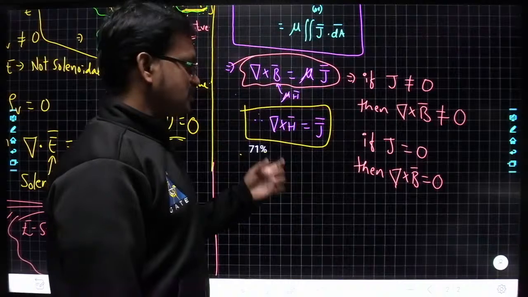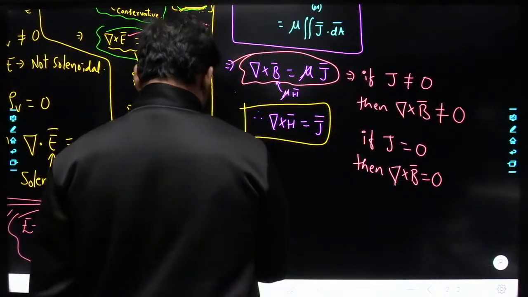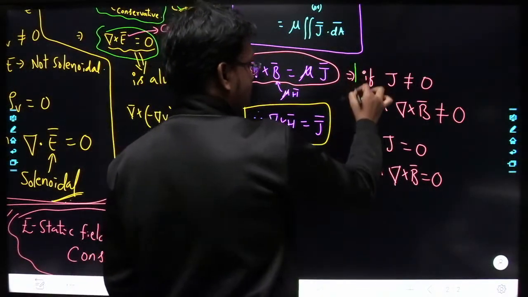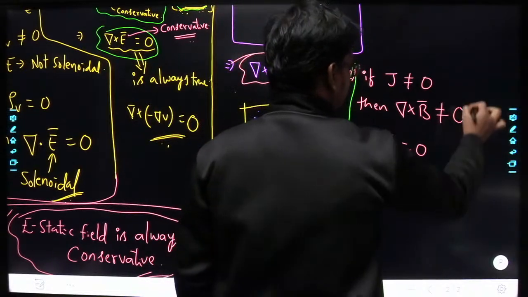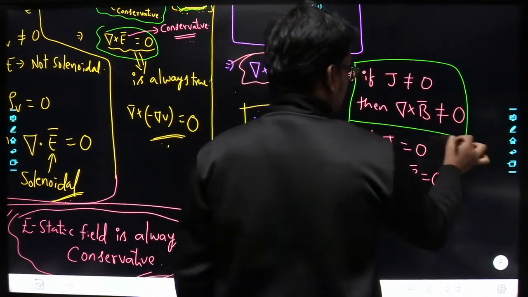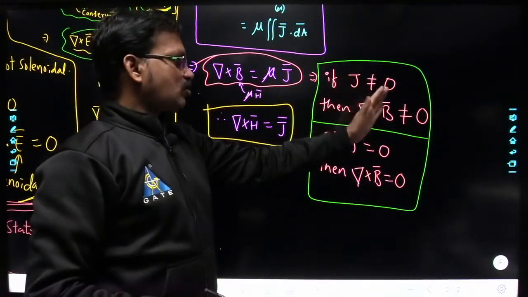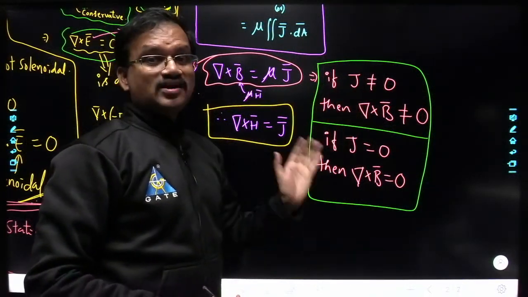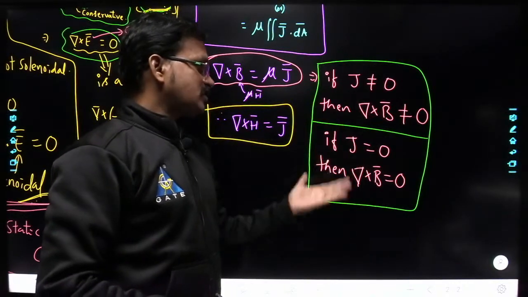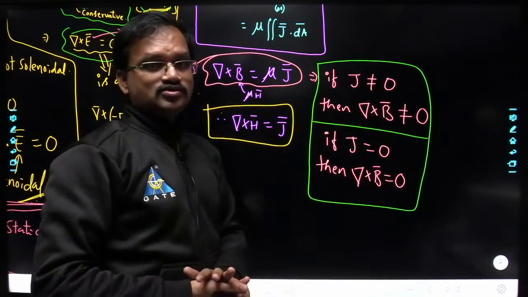So that means if current density is not equal to 0, then curl of B bar is not equal to 0. If current density is equal to 0, then curl of B bar is equal to 0.